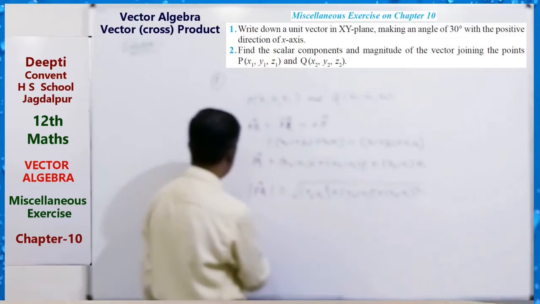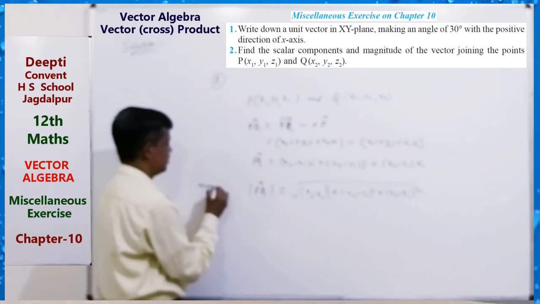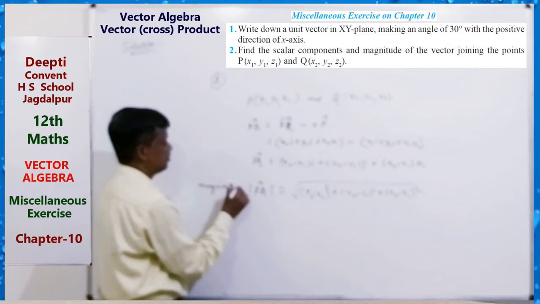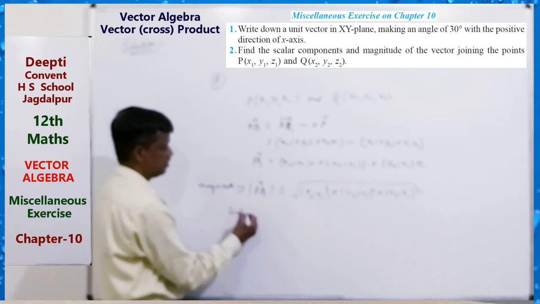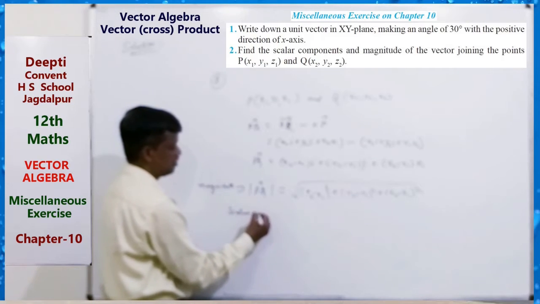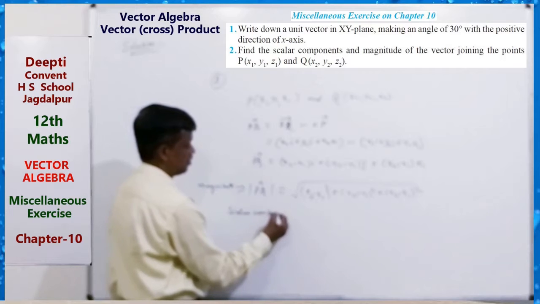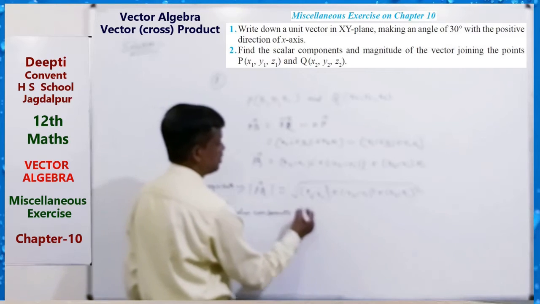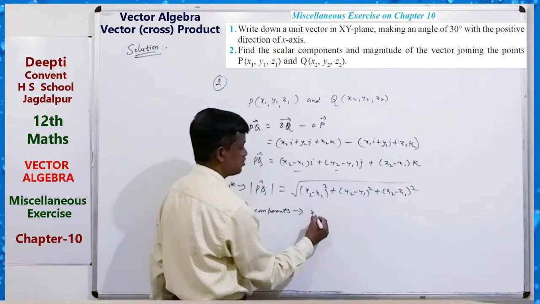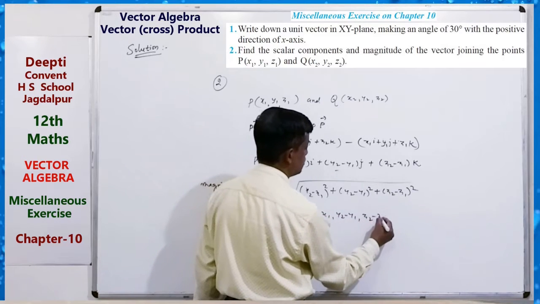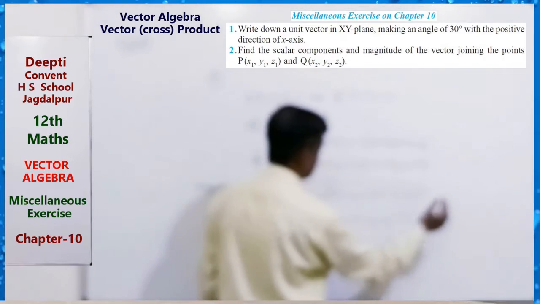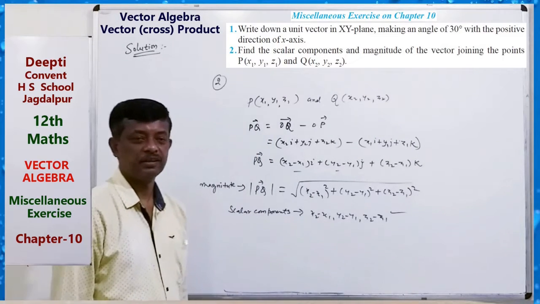This is the magnitude. And the scalar components are x2 minus x1, y2 minus y1, z2 minus z1. These are the scalar components.